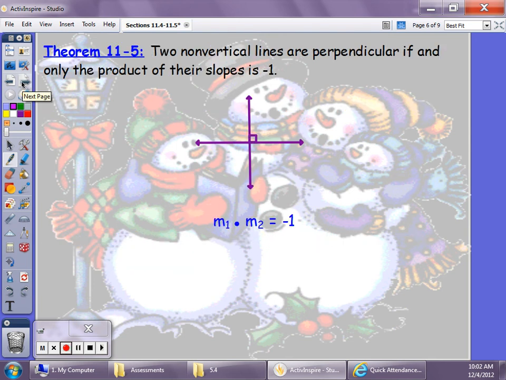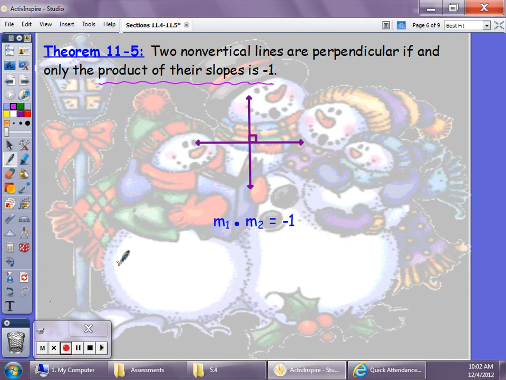Theorem 11-5 states that 2 non-vertical lines are perpendicular if and only if the product of their slopes is -1. So remember, product means to multiply. Also remember that perpendicular lines form 90-degree angles. So if you take the first slope times the second slope and the product is -1, you have 2 perpendicular lines.